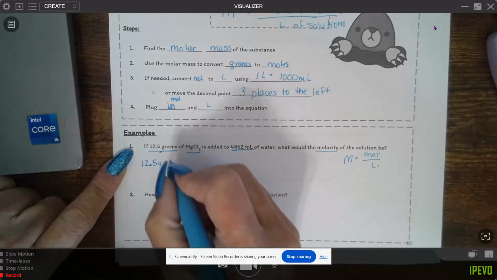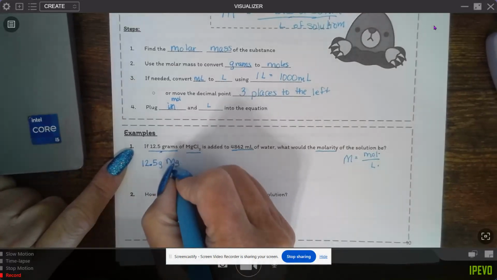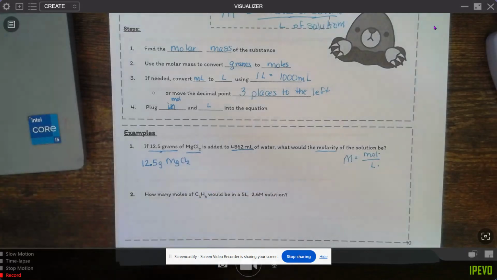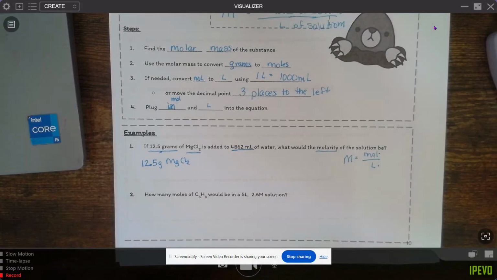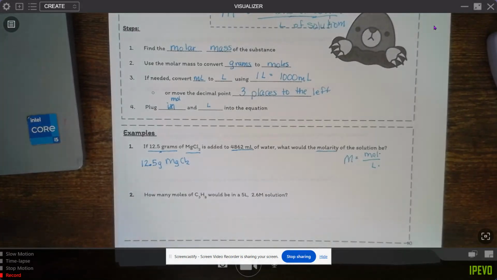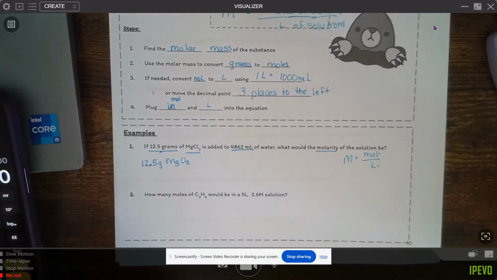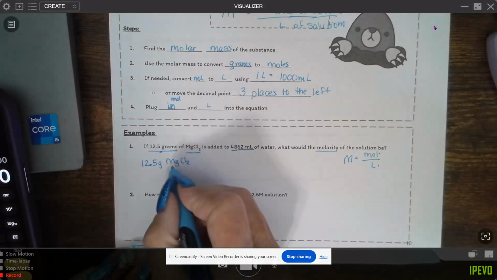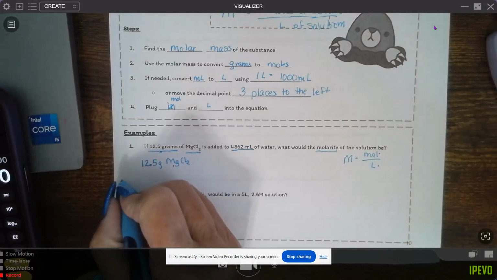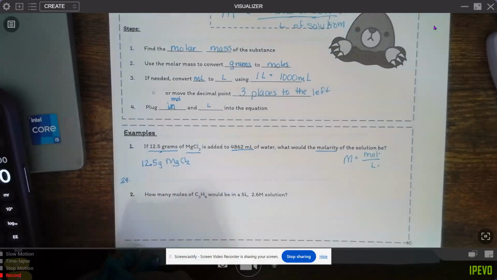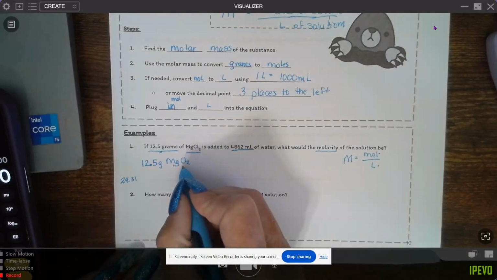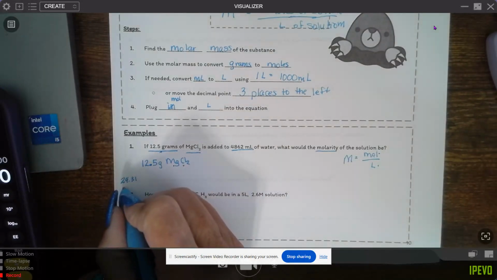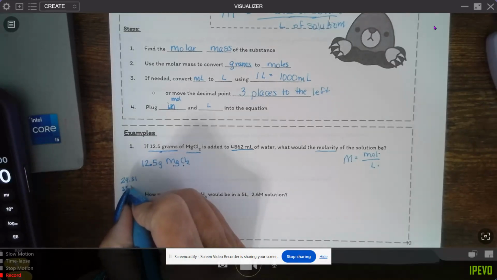If I look at my periodic table, magnesium has a molar mass of 24.31, and chlorine has a molar mass of 35.45.